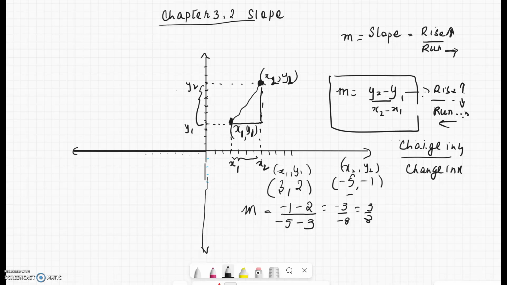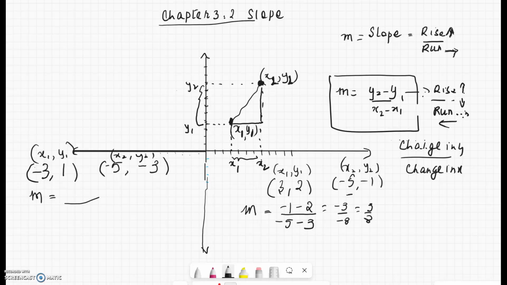Suppose I give you points, let's look at another pair of points, -3 comma 1, and another point is -5 comma -3. So find the slope. If there are 2 points, call this x1, y1, call this x2, y2.